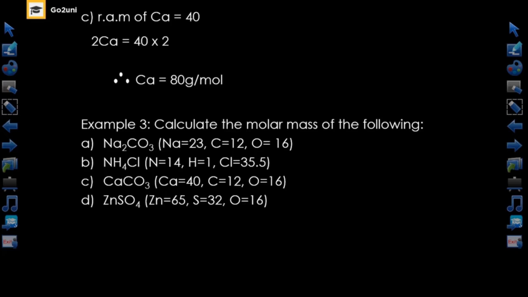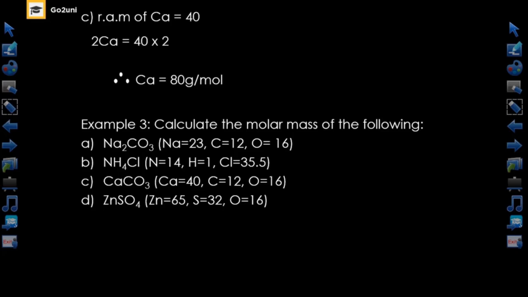So how do we go about calculating the molar mass of each of these compounds? To do so, we simply have to sum up their individual atomic masses. And in summing up, we put into cognizance elements that appear twice, 3 times, or even more.